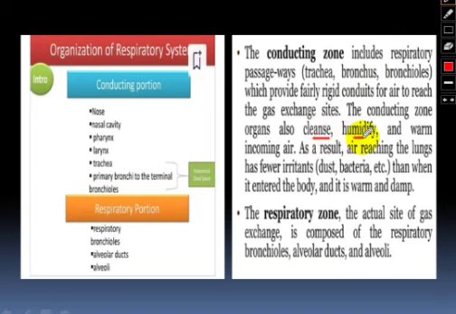It humidifies and warms the incoming air, making the air you take from the external environment free from germs, bacteria.